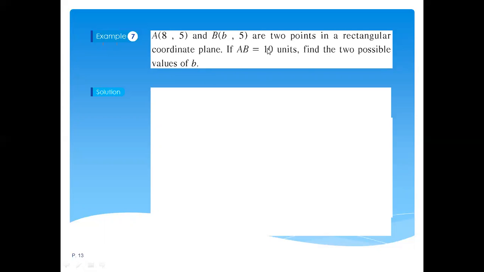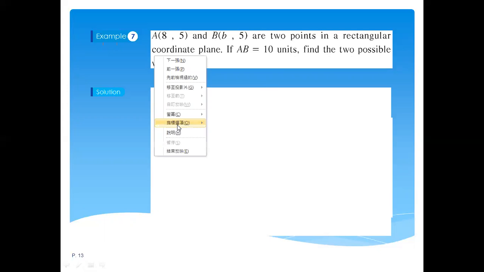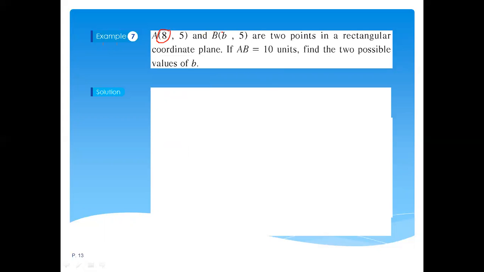And we have the line AB, but we don't know which of A or B is larger and which is smaller, because it is not told which one is on the left, which one on the right, and there are no figures. So there are 2 possible values of b.